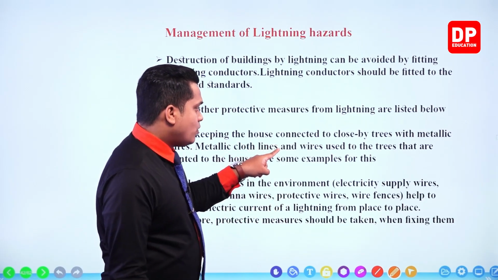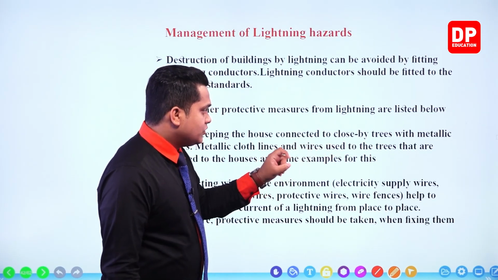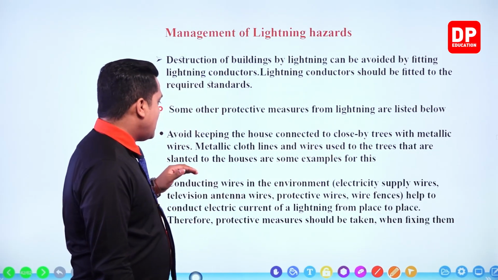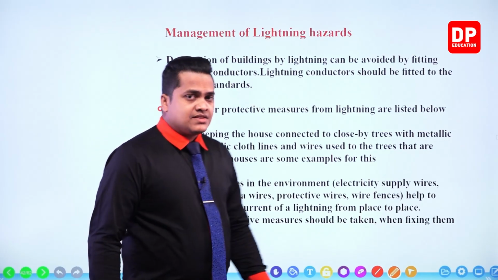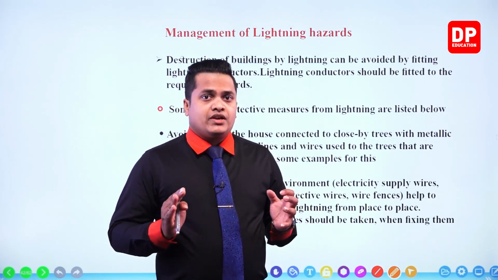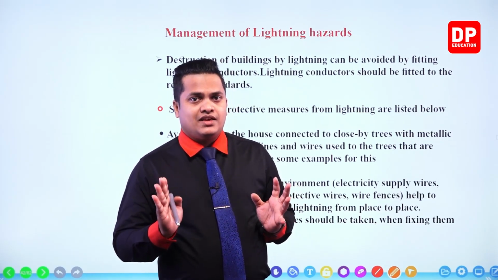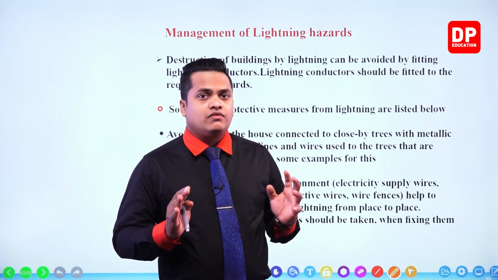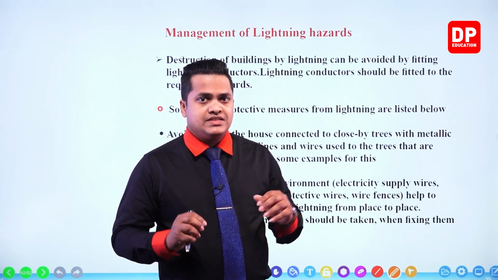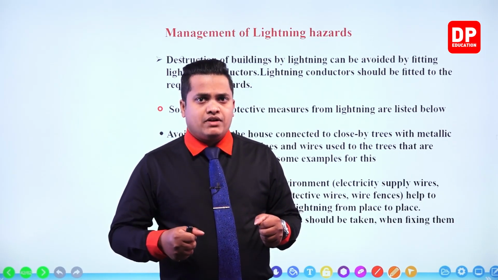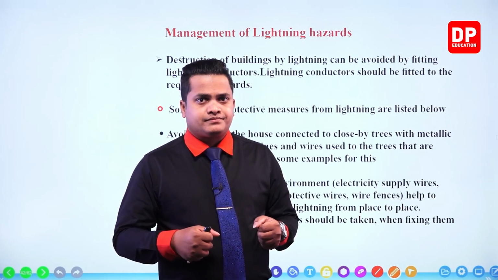Then, wires used on trees that are slanted towards the houses. You know that sometimes coconut trees slant here and there. In order to prevent the coconut trees from falling, we use metallic wires and tie them.